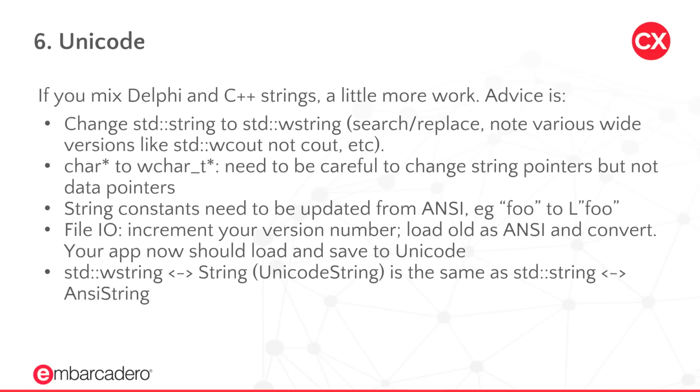It will return far more results. You might have pointers, so you might have a char pointer or a wchar_t pointer, so you'll change a char pointer to a wchar_t pointer. But you'll need to be careful there, keep a close eye when you search and replace, because you want to change pointers that you use as strings, pointers to string data, but not data pointers.